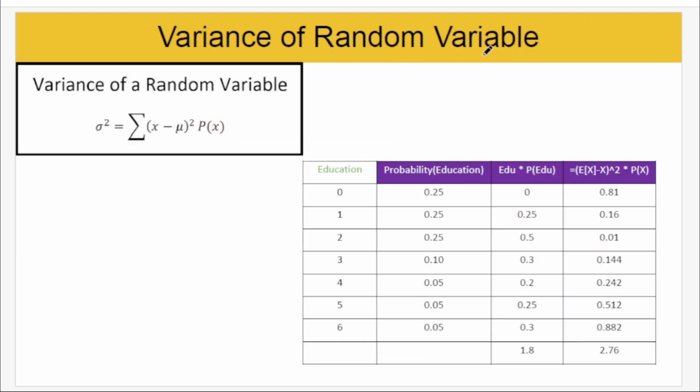Now another thing is the variance of a random variable. This is what we have learned in descriptive statistics. Now you see how we are using descriptive statistics in probability theory, which is inferential statistics. That's why we learned these terms earlier. So now this is the formula.